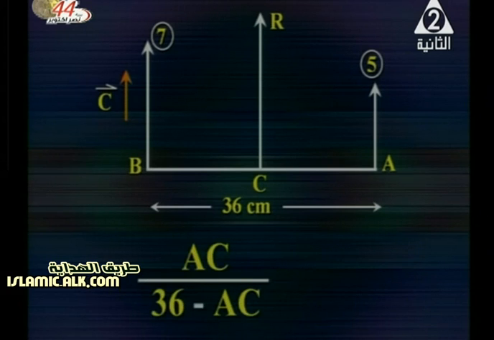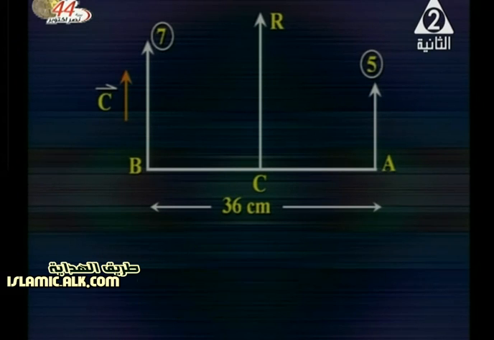Therefore, AC over 36 minus AC, since AB equals 36. We divide AB into two lengths, AC and 36 minus AC. Then AC over 36 minus AC equals 7 over 5.